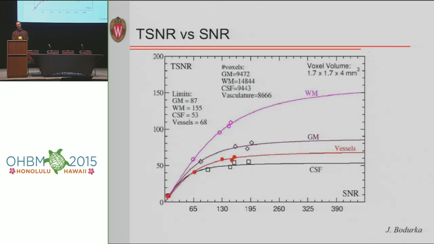And so instead, what people then do is say, well, might as well use that signal to noise for something advantageous like getting higher resolution images. So acquiring at higher spatial resolution means lower spatial SNR, but oftentimes not as much lower temporal SNR. So something to keep in mind.